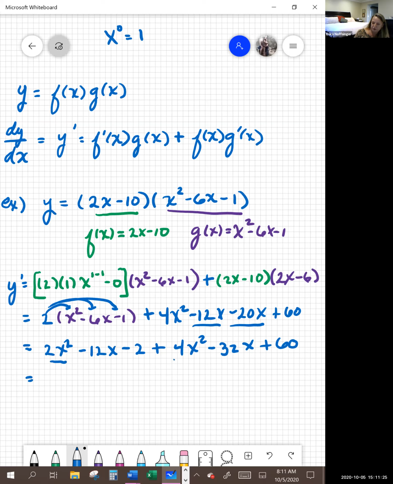So 2x squared plus 4x squared, 6x squared. And then negative 12x minus 32x, so minus 44x. And then negative 2 plus 60. So that's plus 58.